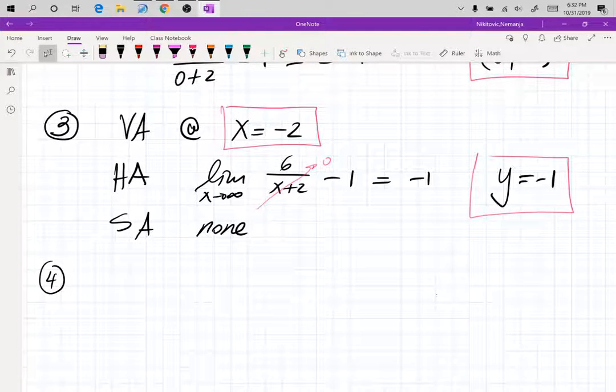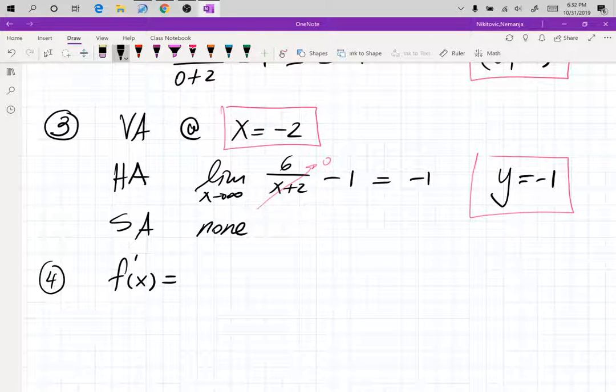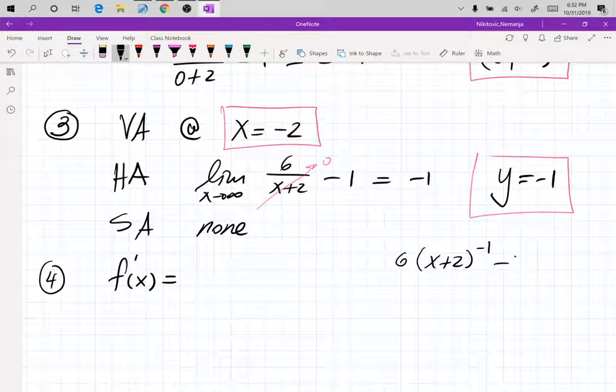The next step is to calculate the first and second derivative. Now when we take the derivative here, the fastest way obviously would be to rewrite this function as 6 times (x plus 2) to the -1, minus 1, and then take the derivative from there.